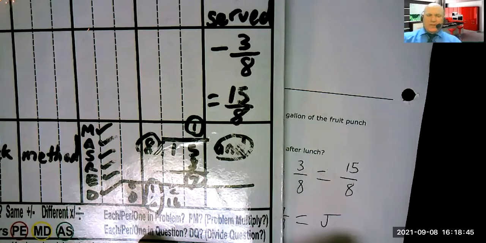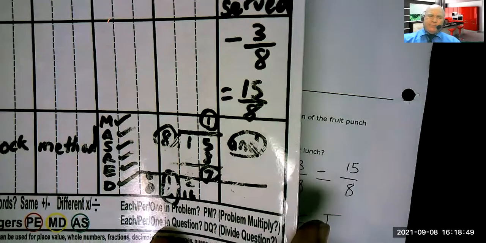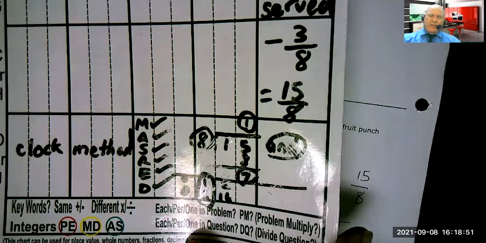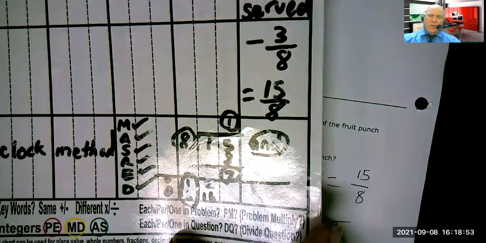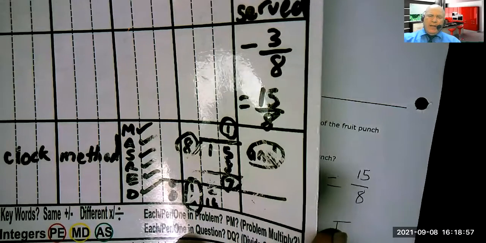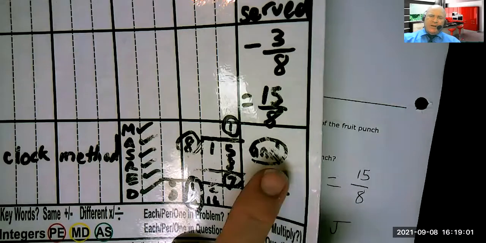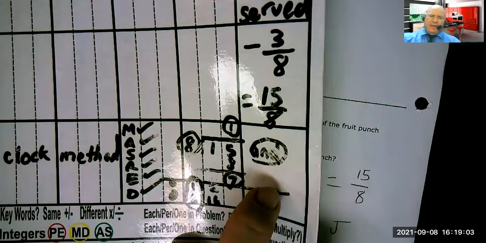And so what I suggest you do is teach your kids the clock method. If you look at the top, you'll see a 1. We'll call that 12 o'clock. I wrote the word "and" at 3 o'clock. I circled the 7 at 6 o'clock and the 8 at 9 o'clock.